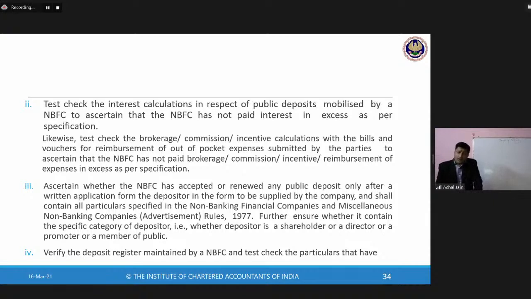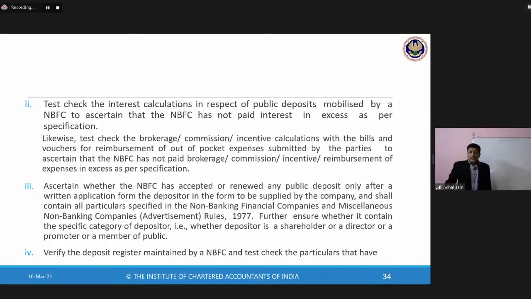It's not that the auditor will become the compliance officer, no. But whoever is taking care of all of the compliances of the NBFC, whether those compliances are in line with the requirements of the various provisions, whether those have been taken care of or not, is once again reviewed by the auditor.